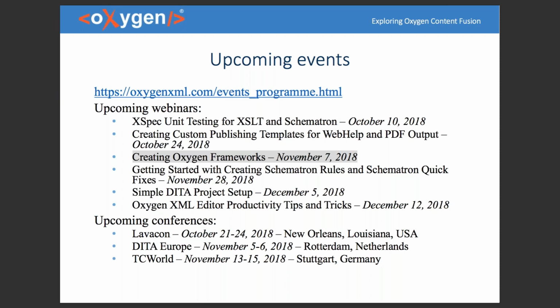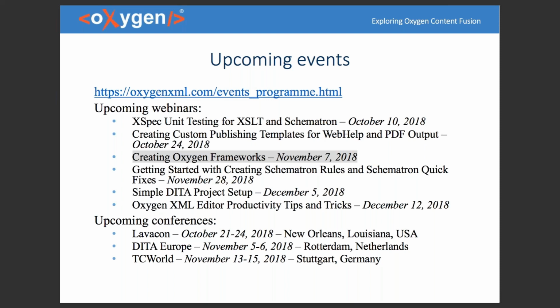Can Schematrons developed in the desktop version be implemented in Content Fusion? Yes, because Content Fusion is using the Oxygen Web Author as the editor, and the Oxygen Web Author is built on top of the core functionality that we have in the Oxygen desktop.